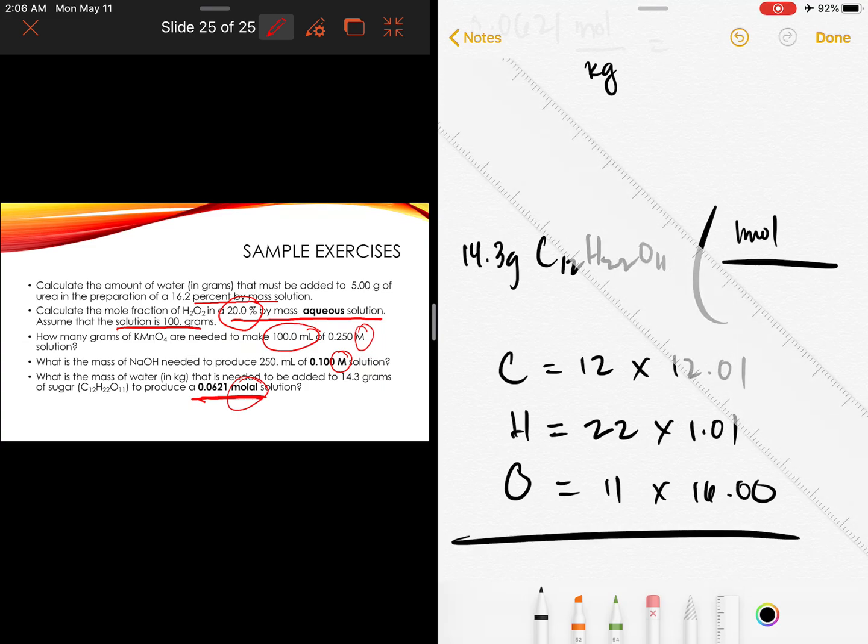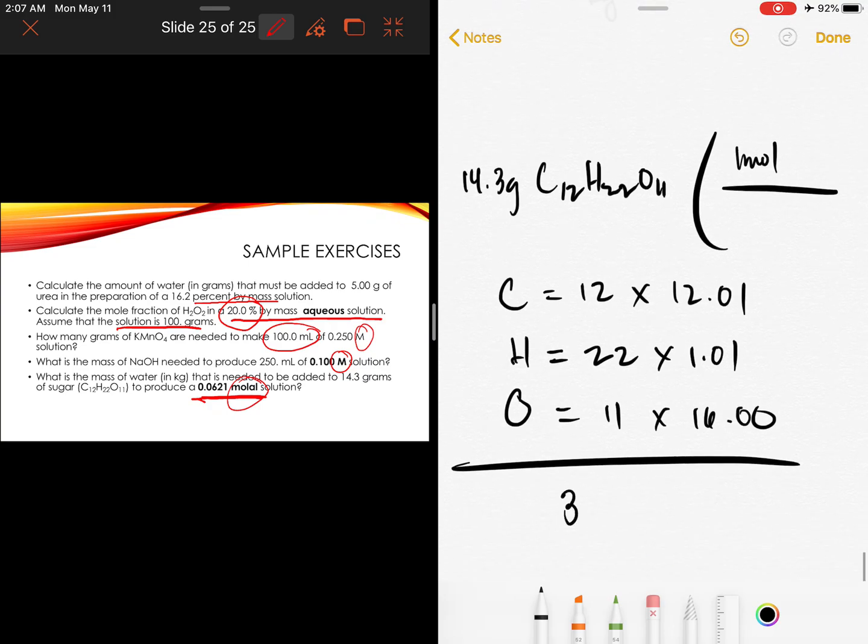Now you get the sum. Let me type that in my calculator: 12.01 times 12 plus 22 times 1.01 plus 16.00 times 11. The molecular mass of this compound is 342.34 grams.